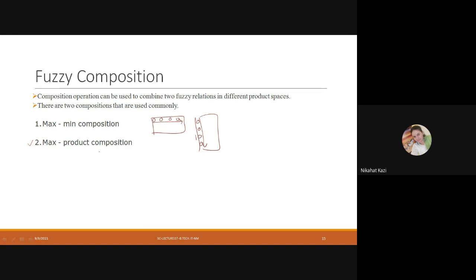So here what you do is you multiply the corresponding elements, first row and first column, and then you apply the max operation. So rather than applying addition, you apply the max operation. So it is max product. So by this same idea, you can guess what is max min. What will be max min?